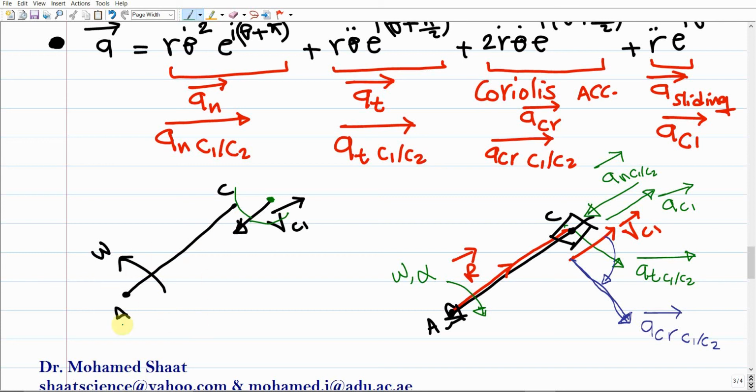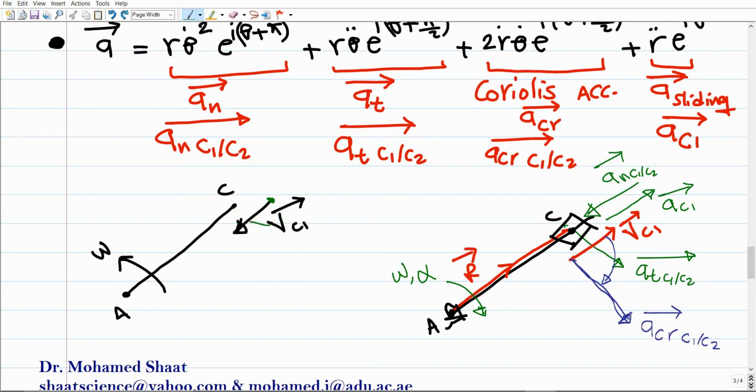This omega rotates in this direction, which is the counterclockwise direction, right? So from this point, you fix the point and give rotation to VC1 in the same direction of omega. It's going to rotate in this direction. Make sense?